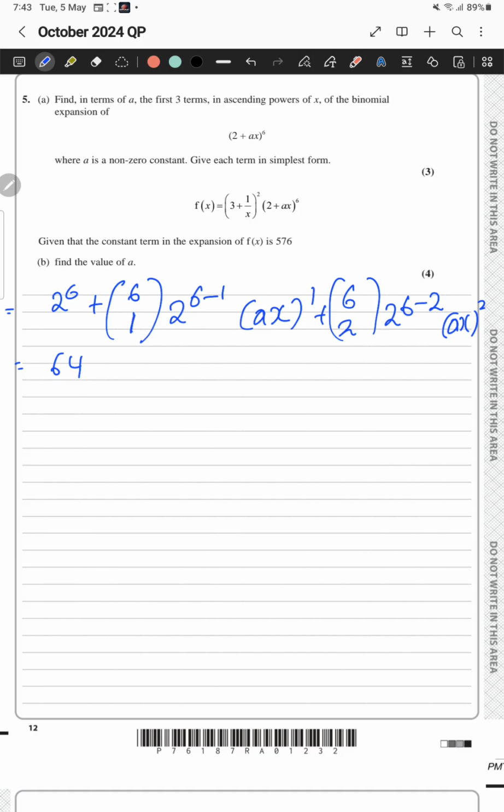Now the first three terms is going to be 64. Now you have to go to the nCr button on your calculator. So shift, and there's going to be an nCr button, you click there.